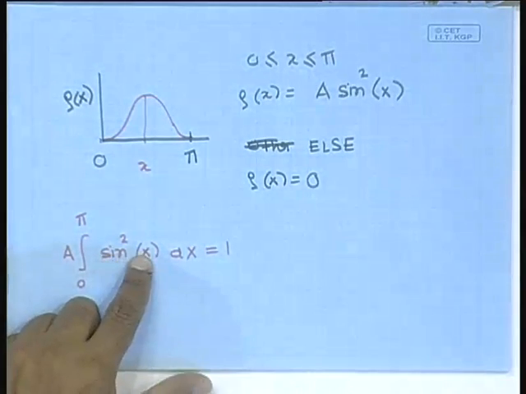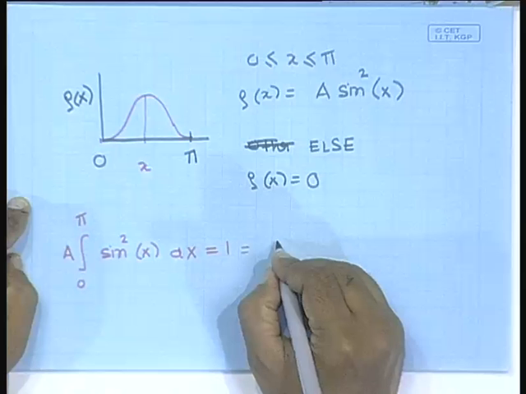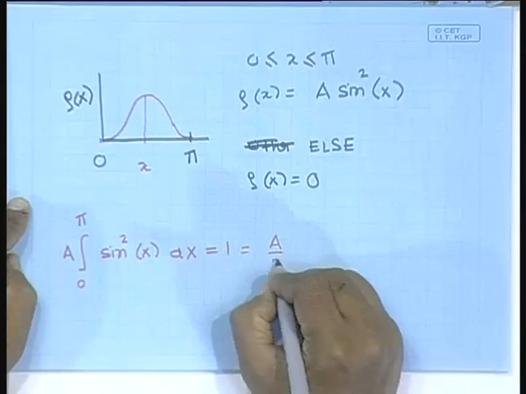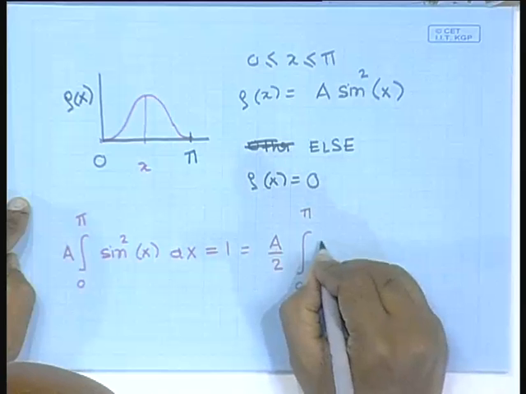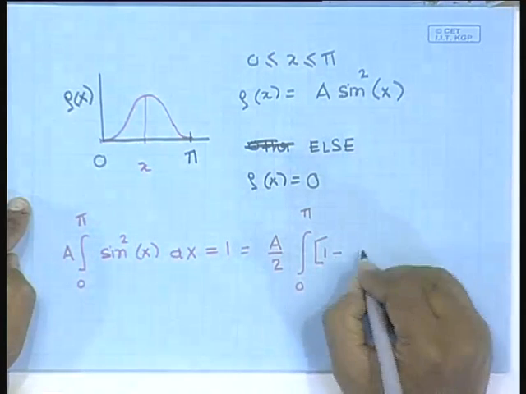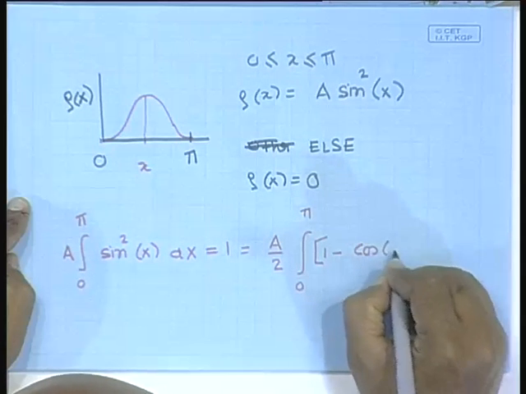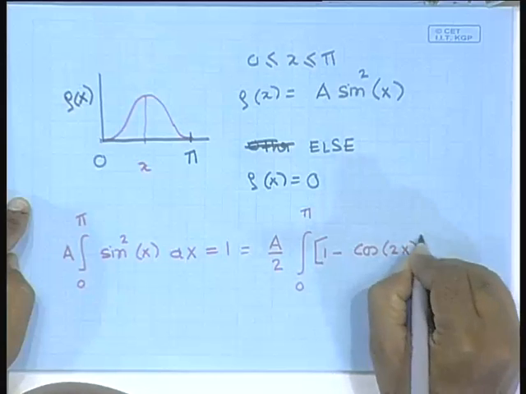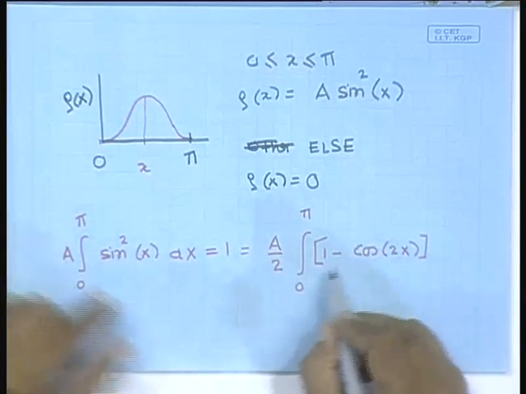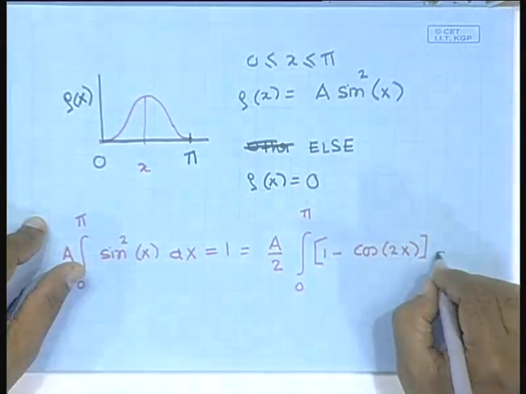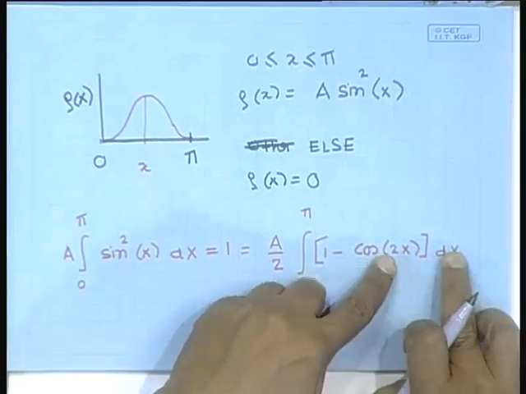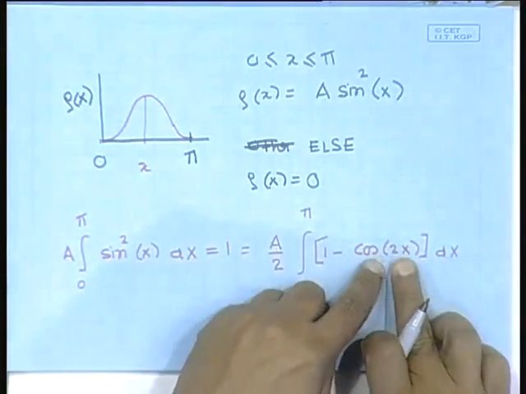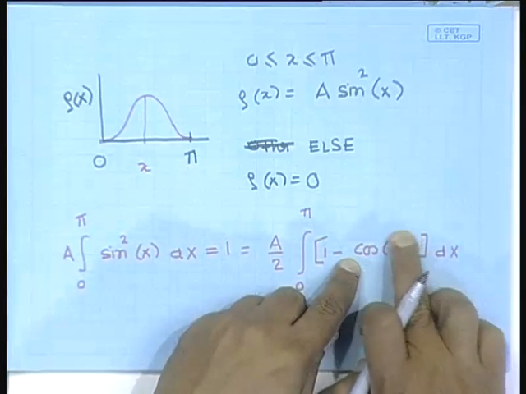Now sine square x we know can be written as half into 1 minus cos 2x. So this integral has to be equal to 1. Now the integral of cos 2x dx from 0 to pi is 0, because you are integrating over a whole period.